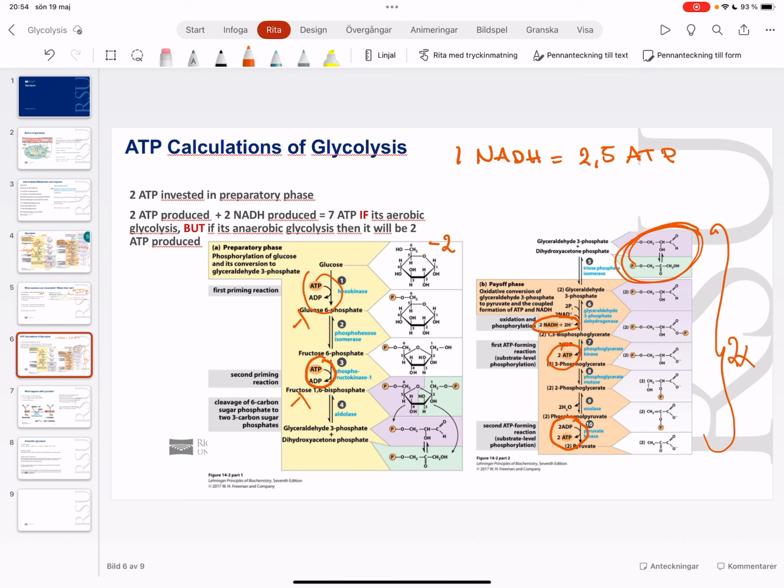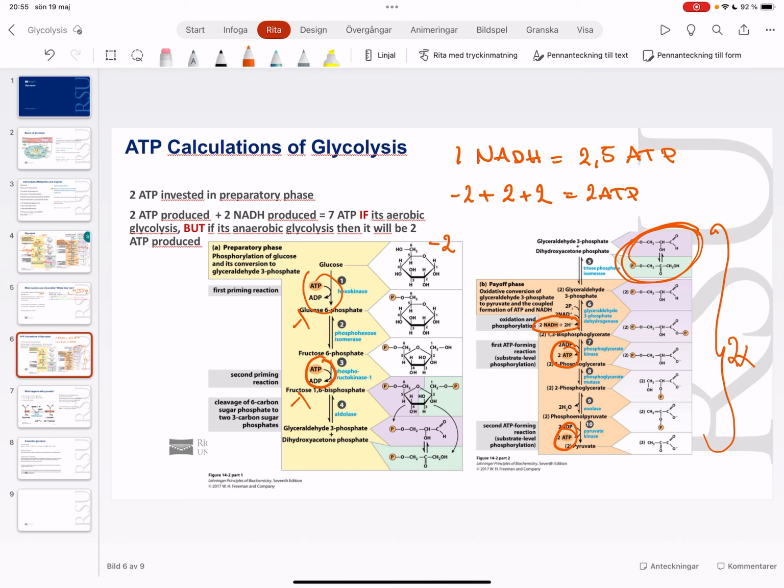So we will have 2 ATPs here and 2 ATPs here. So that's 4 ATP. So if we write everything so far, -2 plus 4 ATP, or let's just say +2, because +2 here, +2. So that would equal 2 ATPs.